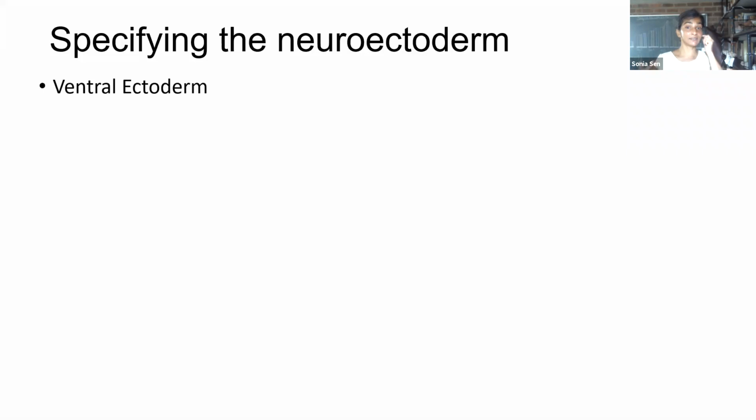So this is an interesting difference that you'll see in vertebrates and invertebrates. It's dorsal in vertebrates. So since we need to specify the neuroectoderm, it has to happen ventrally. Does anyone want to tell me how ventral tissue is specified in the developing Drosophila embryo?